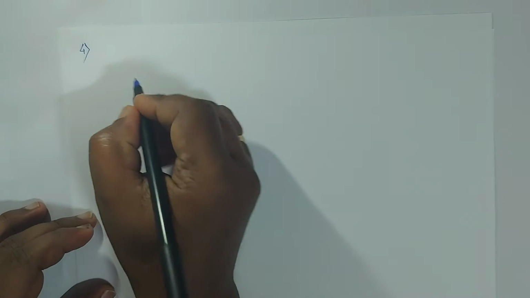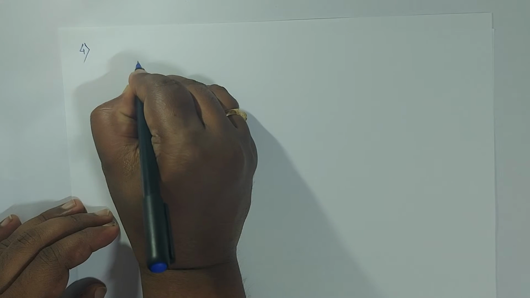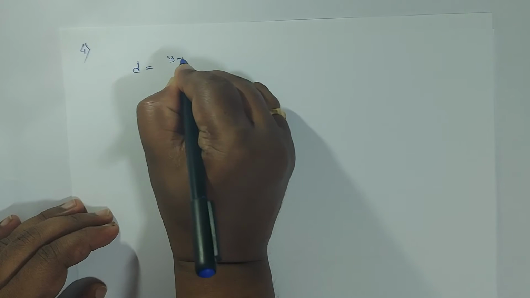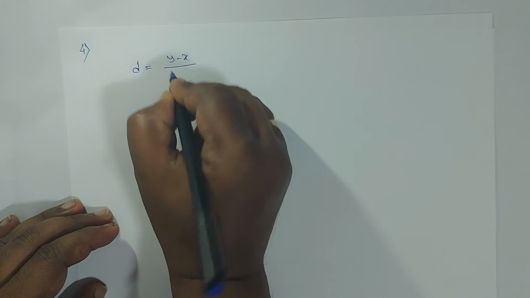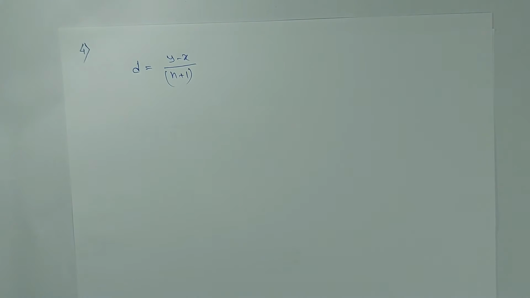What formula are we going to use? D is equal to (y minus x) by (n plus 1). This formula we are going to use.